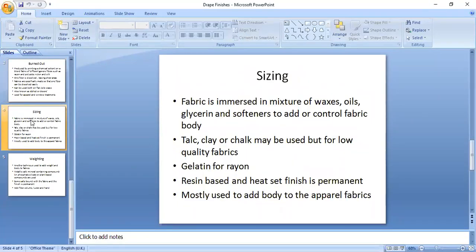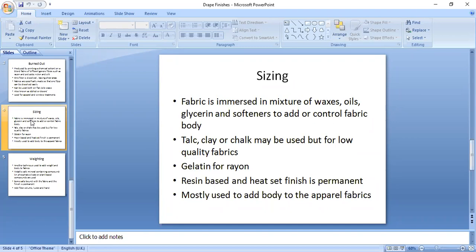Another way to add drape to the fabric is sizing. Sizing is also done as a preparatory method to the yarns before weaving, so they can resist the stress and strains of the weaving process.